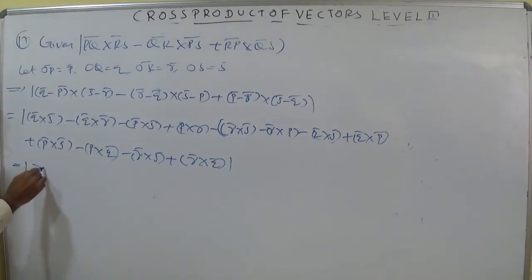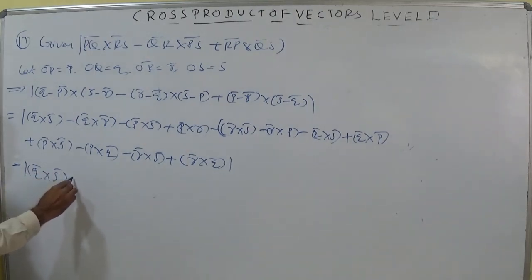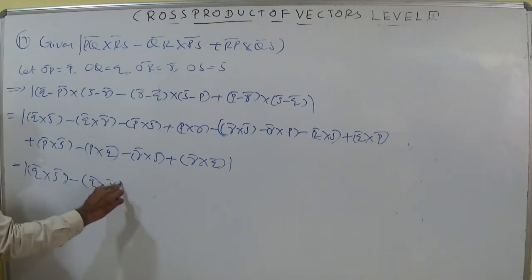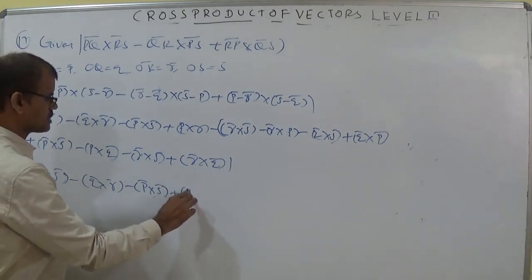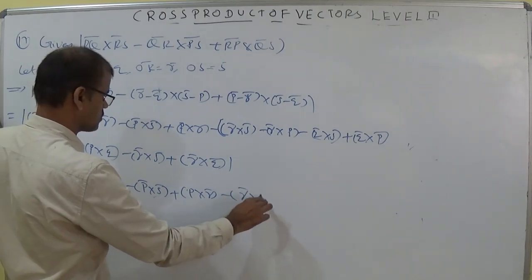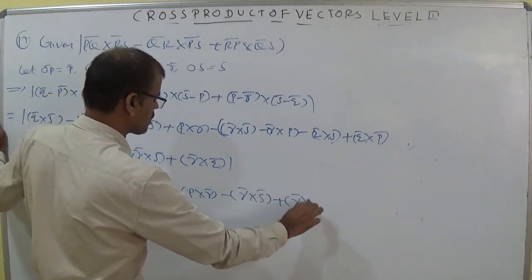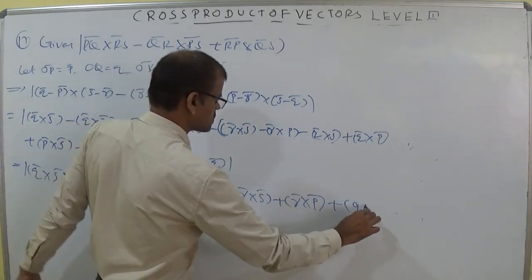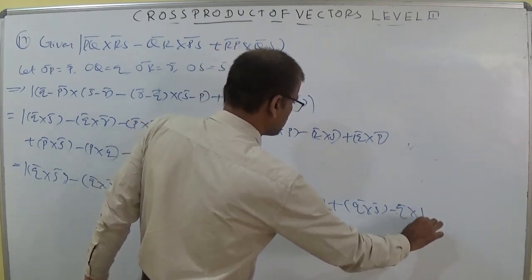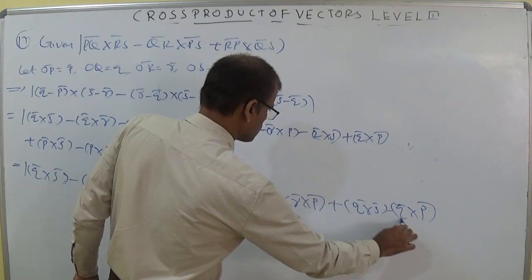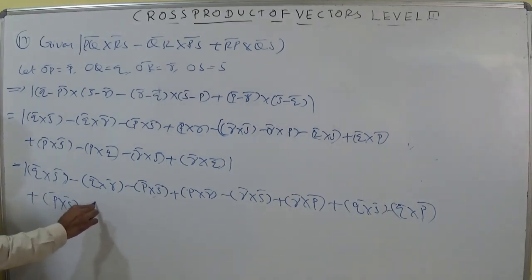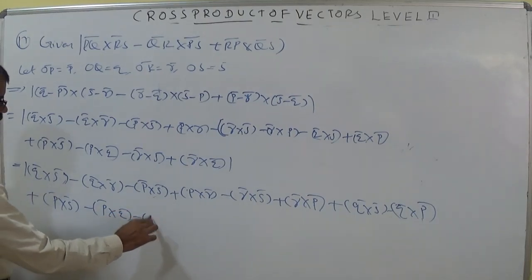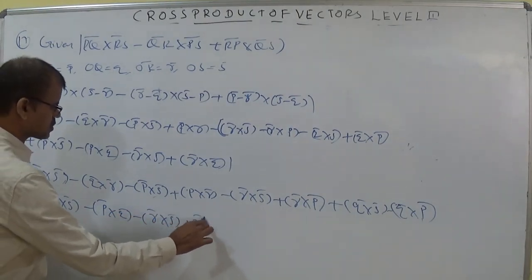Let us discuss mod Q cross S total value plus, minus Q cross R minus P cross S plus P cross R minus R cross S, minus of minus plus R cross P plus Q cross S minus Q cross P, plus P cross S minus P cross Q, minus R cross S plus R cross Q.